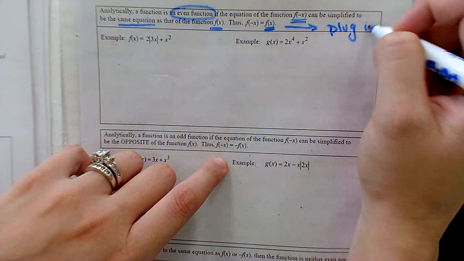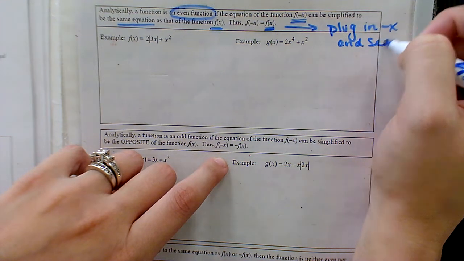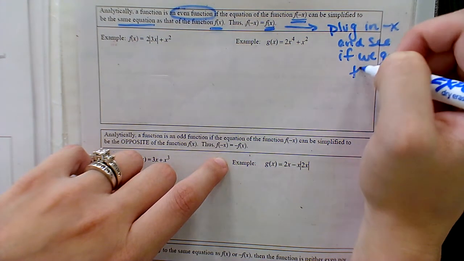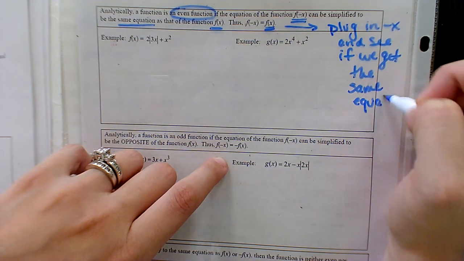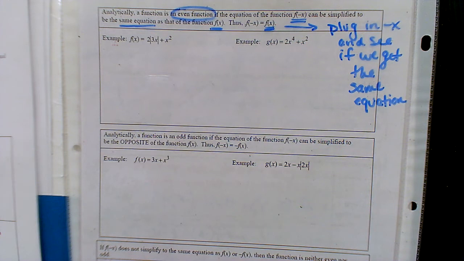So let's make note of that. We're going to try to plug in negative x and see if we get the same equation. Very similar to the ones we did yesterday, right? Where we plugged in negative x sometimes, negative y sometimes, depending on the symmetry we were testing.